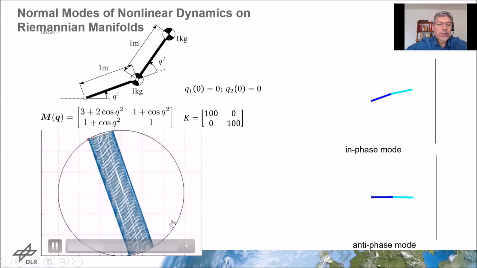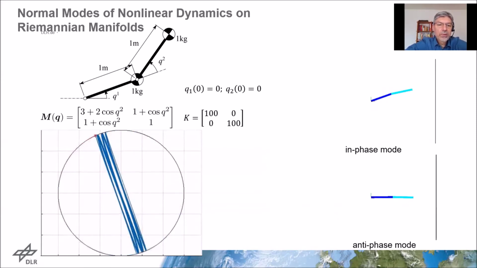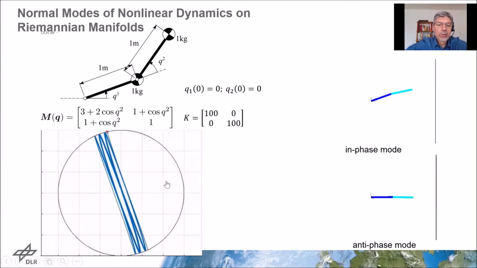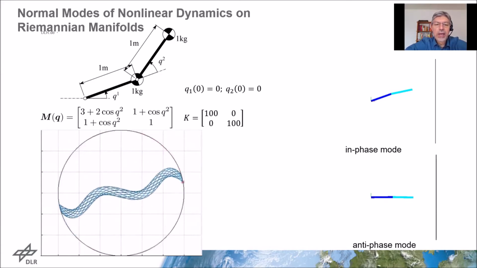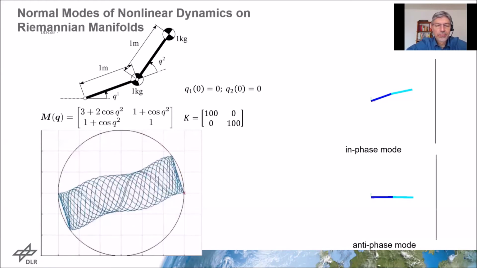You see that most of the trajectories are quasi-periodic. Sometimes we have some complicated periodic motions, but here you see the first mode, which is the antiphase mode. And later on, when the initial condition gets to the right point, you will have another mode over here, which is the in-phase mode. And there is also some continuity with respect to the initial conditions.